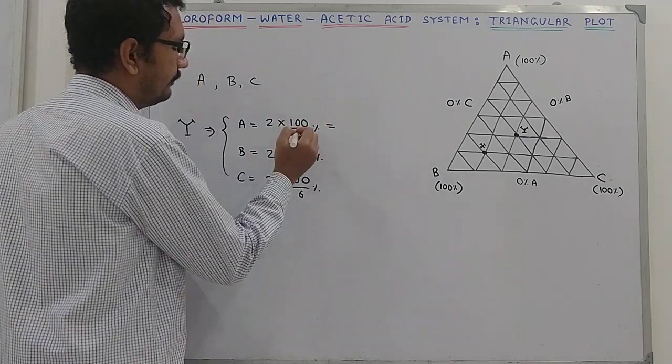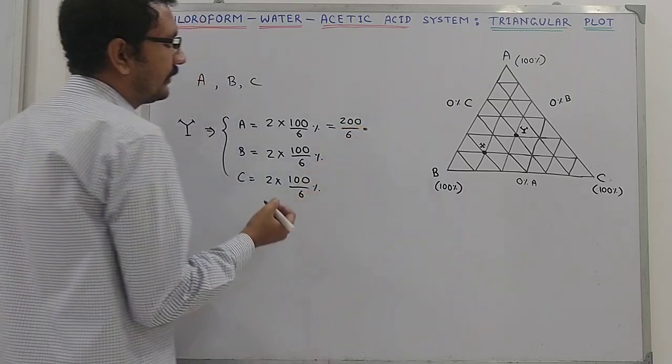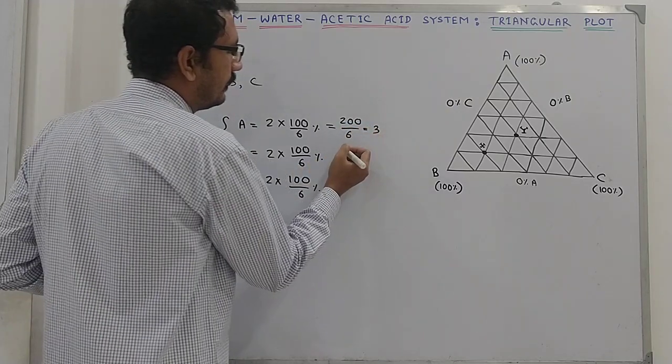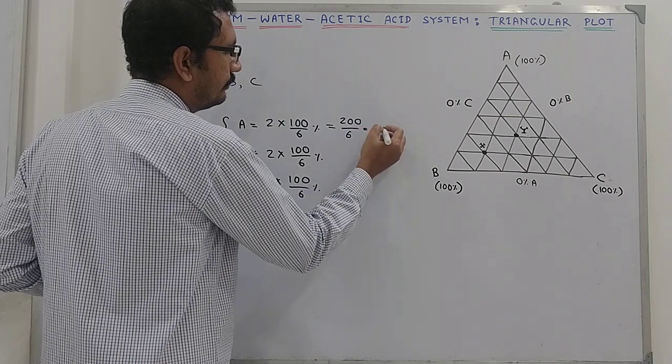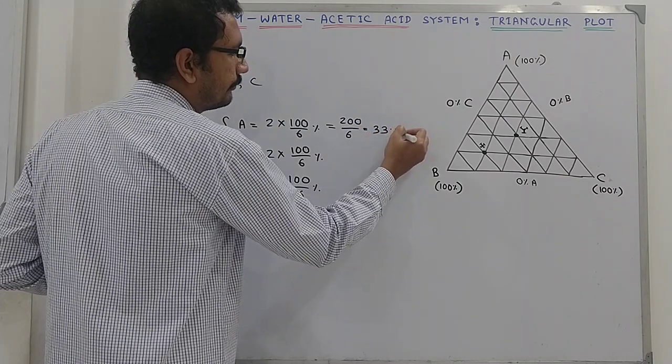Now you have to calculate this using a calculator. So 200 by 6, that is going to give you 33.33, and it will continue.